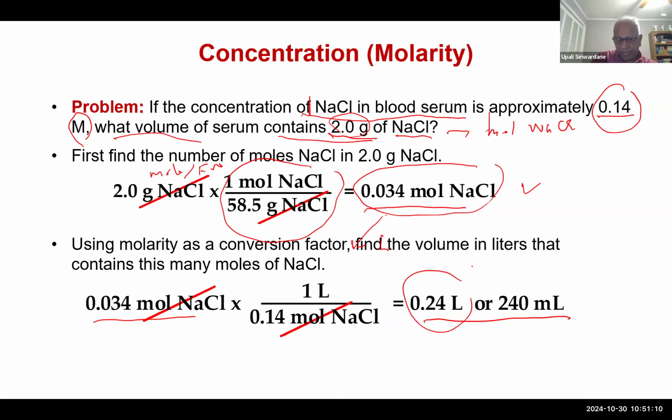First, you get the liters, then multiplying by 1,000, you get 240.